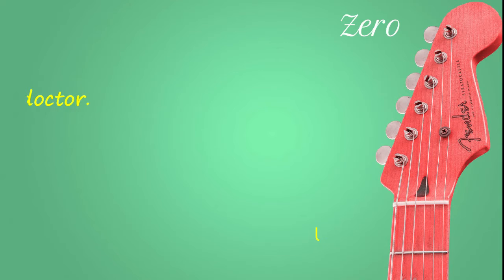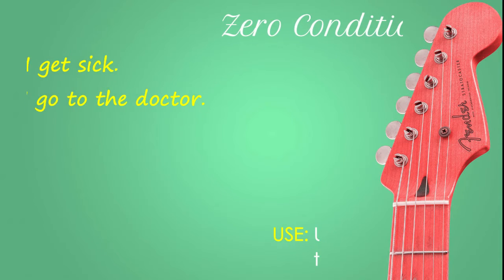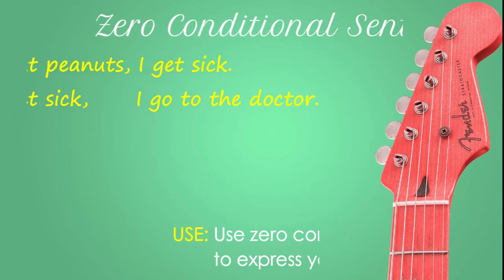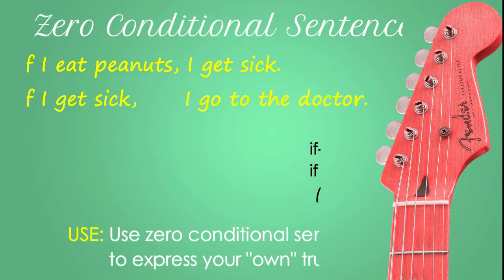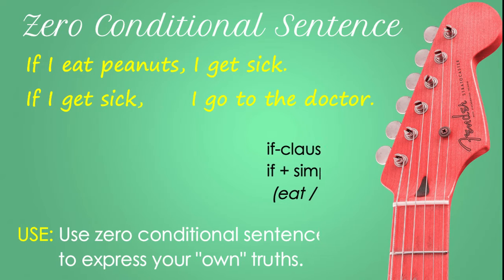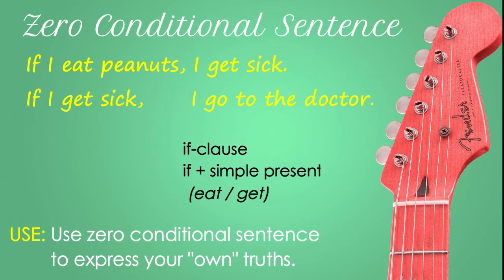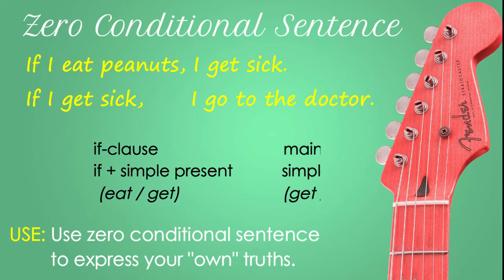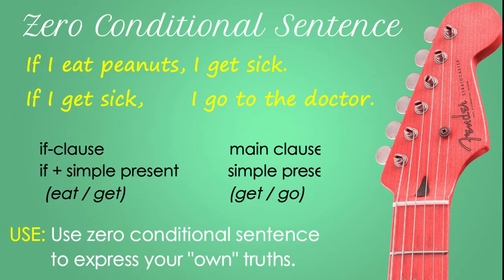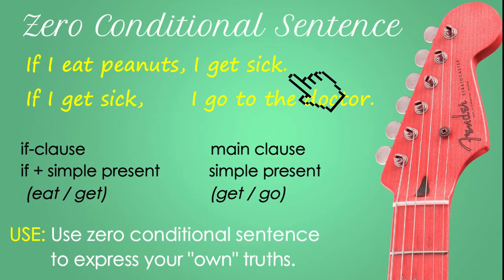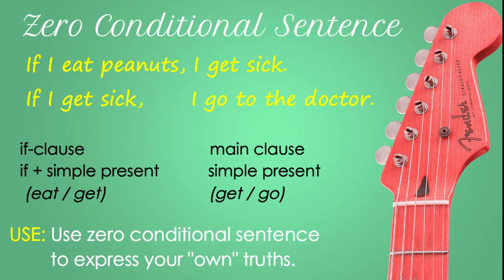We just learned that zero conditional sentence talks about facts and truths. Truths? What does it mean? Let's take a look at two examples. Example number one, if I eat peanuts, I get sick. This is true only for me, maybe not for everyone, but it's still true that I get sick every time I eat peanuts.